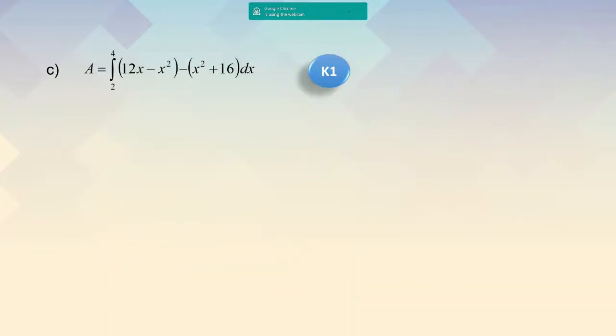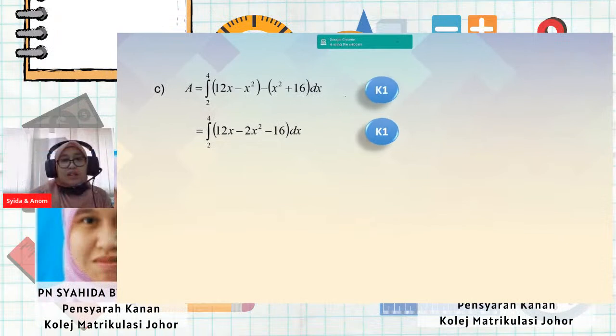Okay, we look at the solution. Okay, firstly, we need to simplify. Okay, negative x squared minus x squared, you get negative 2x squared. Okay, so the first mark is for your correct upper minus lower. Mesti betul function ni, kalau terbalik je memang dah salah dah.